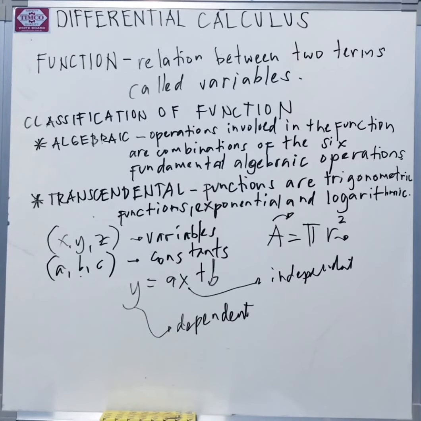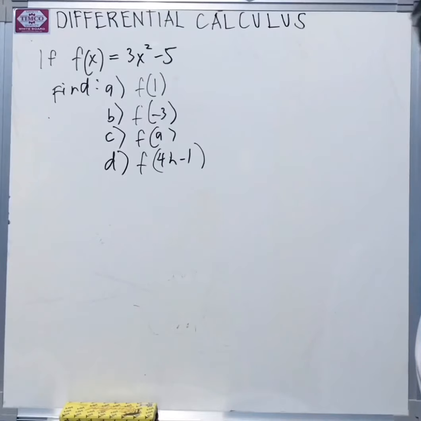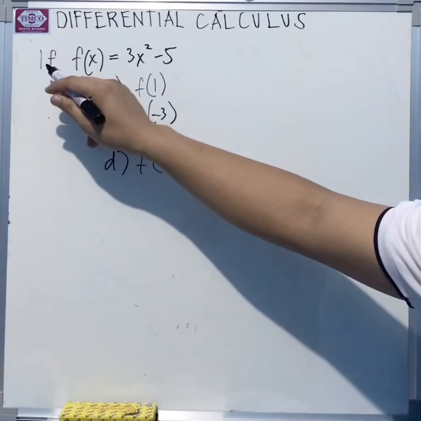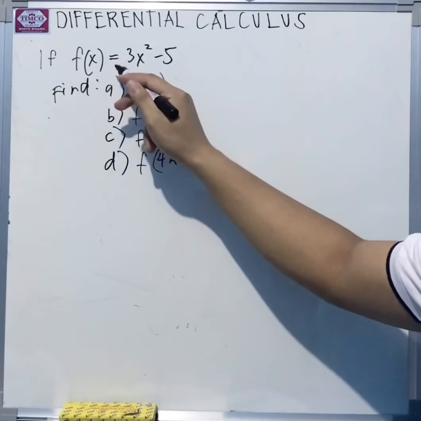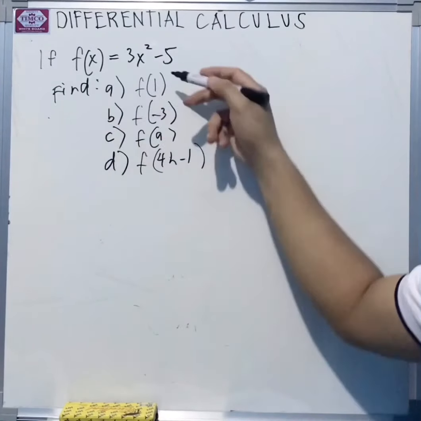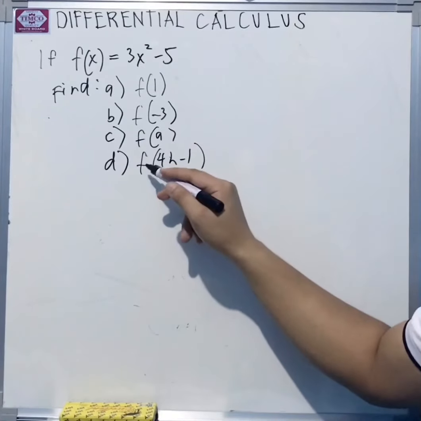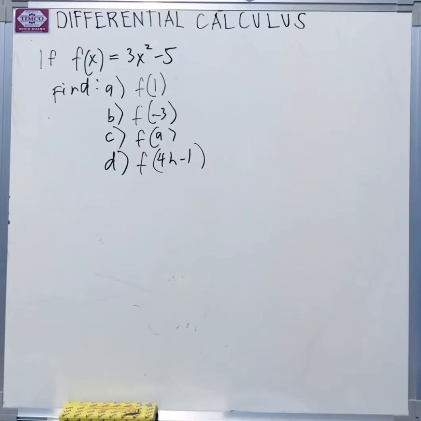Next ang didiscuss natin is the evaluation of a function. Meron tayo dito example sa evaluation of function. We have the problem: if f of x is equal to 3x squared minus 5, find a, f of 1, b, f of negative 3, c, f of a, and d, f of 4h minus 1.